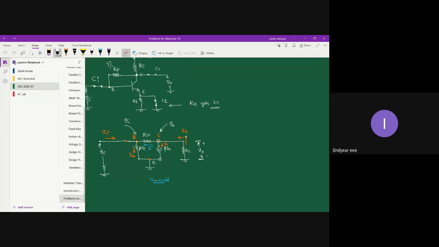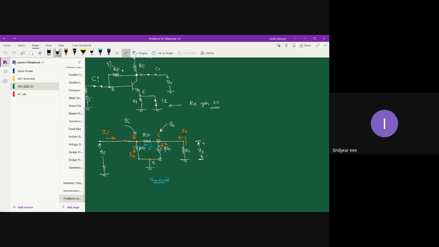It is almost the same as compared to the emitter bias circuit as well as the voltage divider bias circuit. The major difference over here is the presence of RF, because between collector and base there is a direct interaction through the feedback resistor RF.